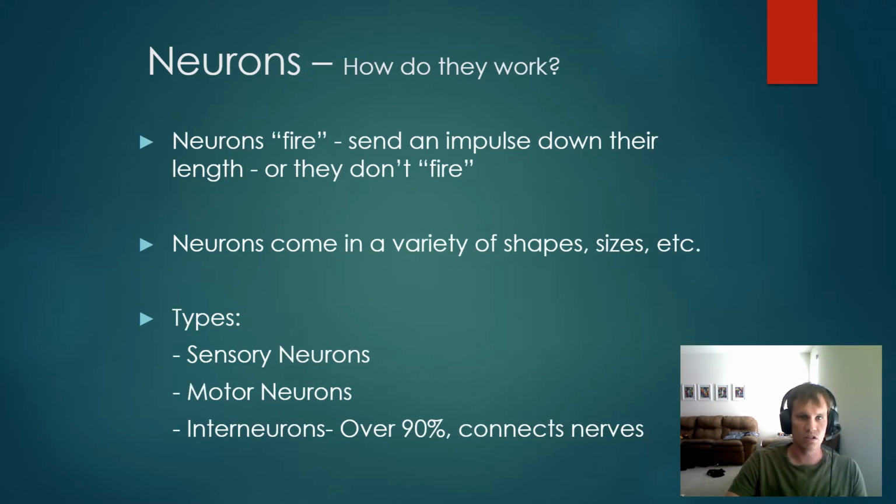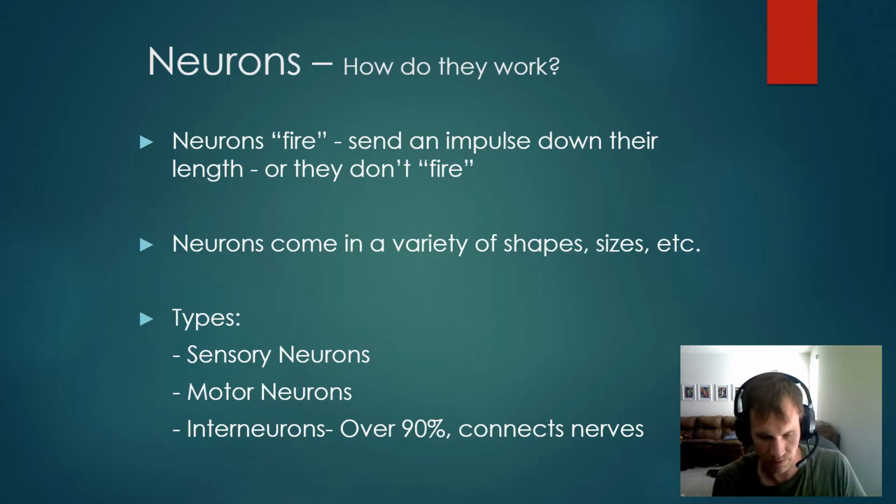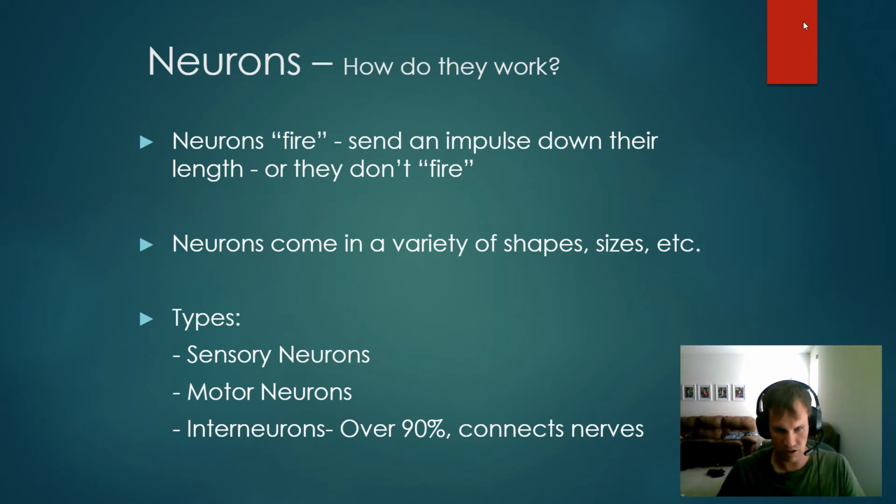So neurons fire. They send an electrical signal through the neuron itself, and we'll look at that process later. They come in a variety of shapes and sizes. They're all small in comparison, but some are longer than others, the ones in the legs especially, that carry the signal for longer.